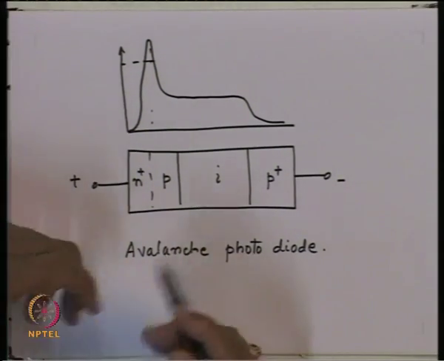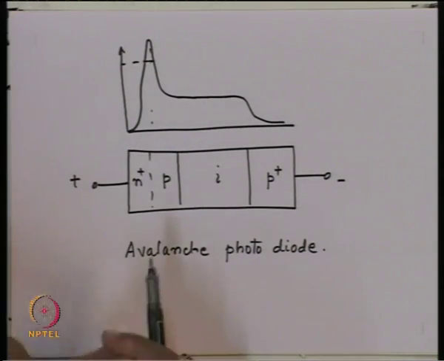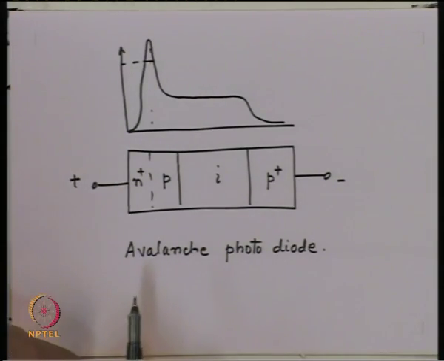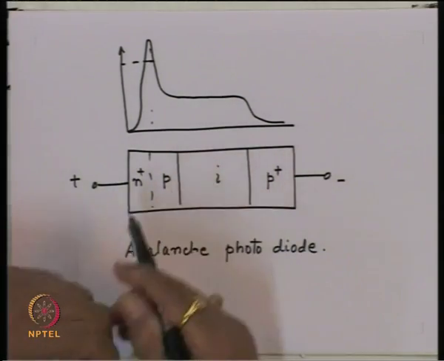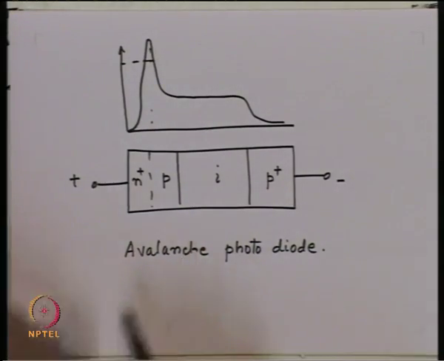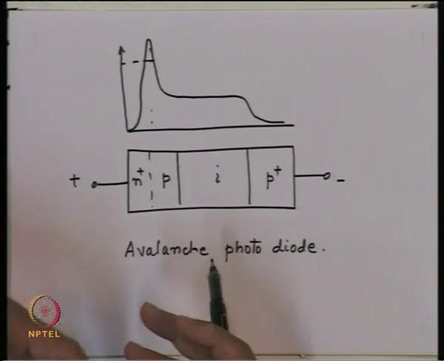So, over and above the statistical variation of the current from the detection process of the photon, when the carriers get avalanche multiplied, you again get noise introduced, because this avalanche process is again a statistical process. So, the noise fluctuation which you get into the external circuitry because of this intrinsic nature of the photon and the statistical interaction of the photon with the matter is what is called the shot noise.